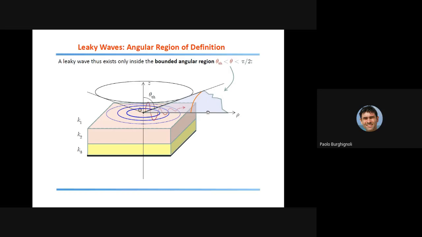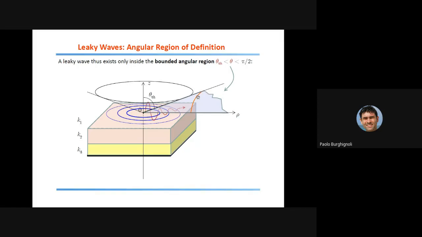And inside this region, you can see the improper behavior of the wave, which grows exponentially along the positive z direction. However, this exponential growth stops at the critical angle, the threshold angle, outside which the leaky mode does not contribute to the field.